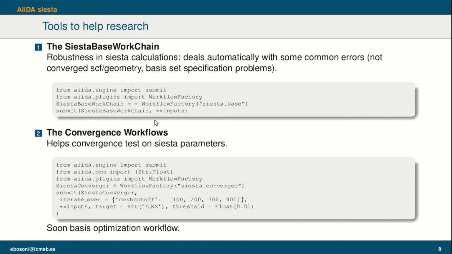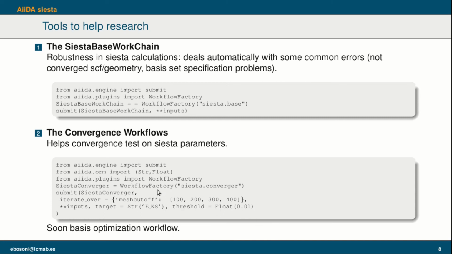Another tool we have is called the convergence workflow, which helps with convergence tests on Siesta parameters. You know that when we start the study of a new system, it is important to do convergence tests. For example, test the mesh cutoff against the energy, or the k-point mesh. Well, in AiiDA-SIESTA, we give you a tool with a very easy interface to automatically do any type of convergence test.